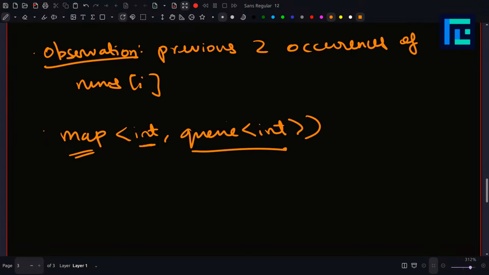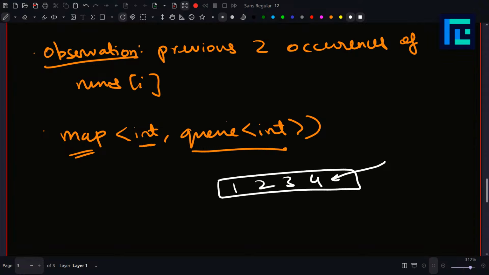Why did I use a queue data structure? Because you can use a pair also, it's fine, but it makes the logic easier when you have a queue, because whenever you push things to a queue, you can push from the back and you can remove from the front, right? That's why I used a queue, because we can push back and then pop from the front, and that makes sure that we can always keep the size of the queue at 2, right?